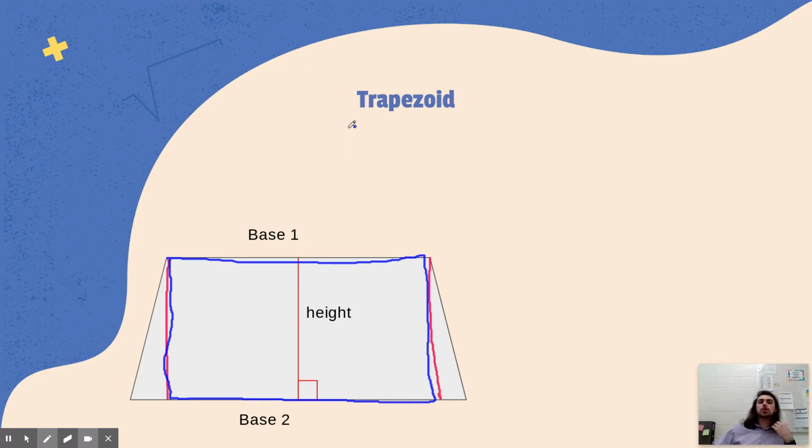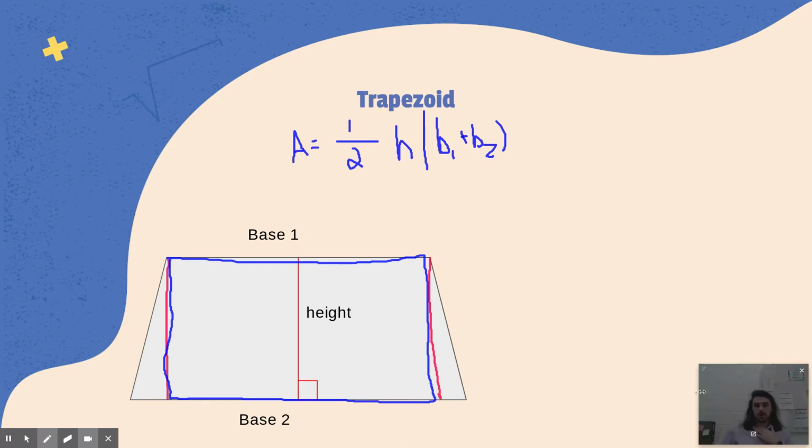So our formula is A equals 1/2, which accounts for our triangle, times the height, times base 1 plus base 2, which accounts for the rectangle and the side and the base of the triangle.